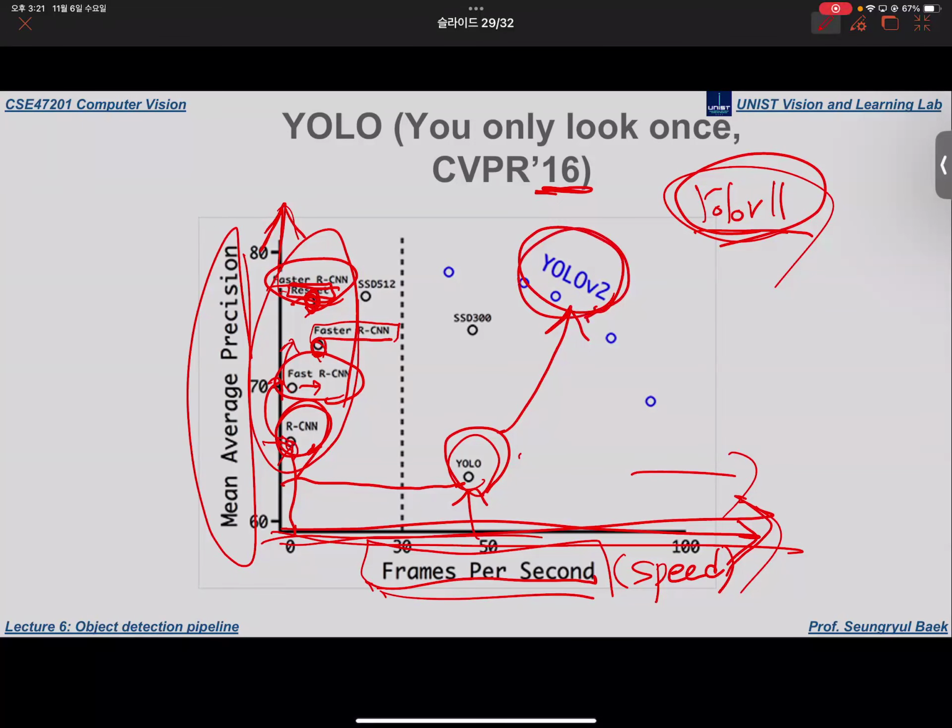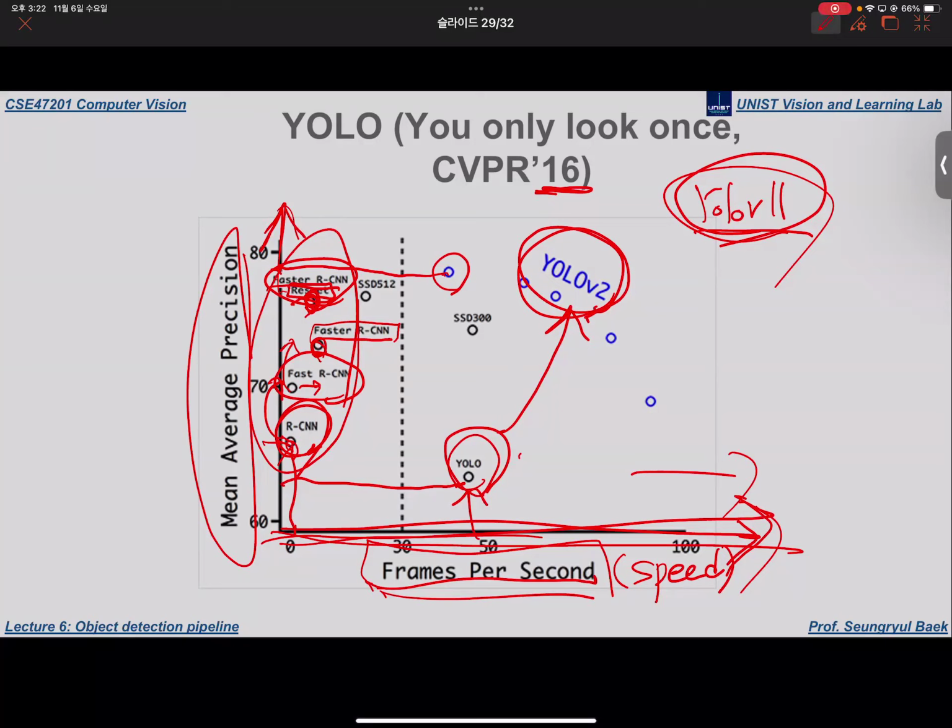YOLO version 2 already had very good speed, and you can see its accuracy is better than the faster RCNN algorithm. In many industrial environments YOLO works very well, and at the same time it provides real-time speed.